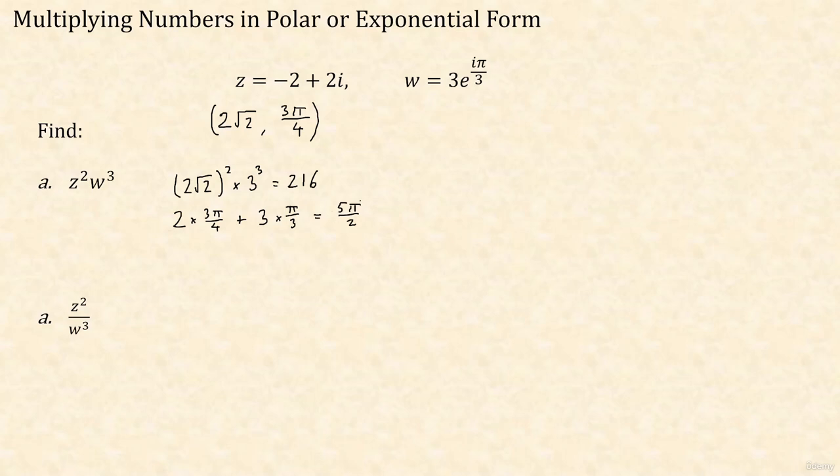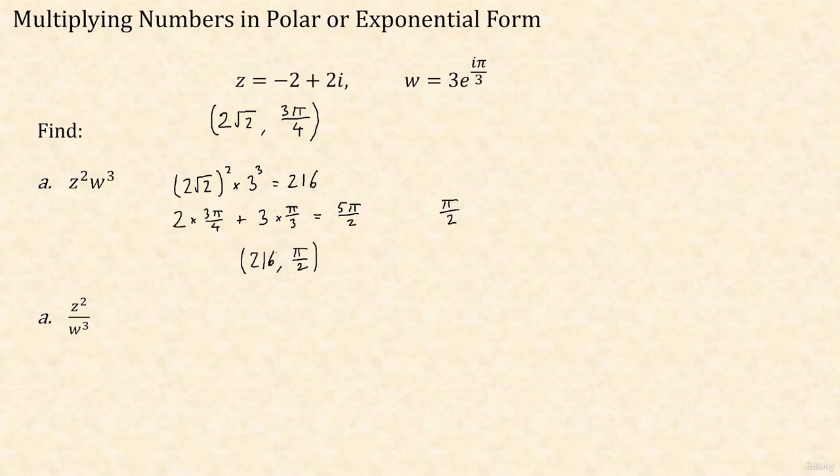But as an argument, that's bigger than 2 pi, so subtracting 2 pi from that, I get pi over 2. So what does that mean? It means that this number here, z squared times w cubed, has a modulus of 216 and an argument of pi over 2. So there it is in polar form.